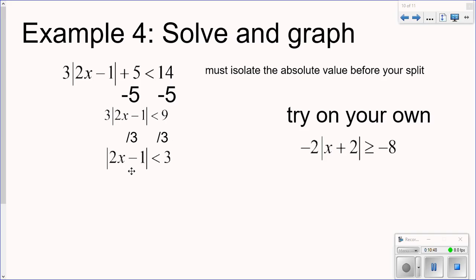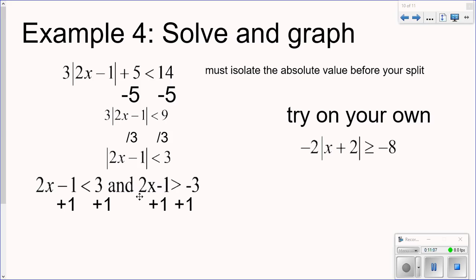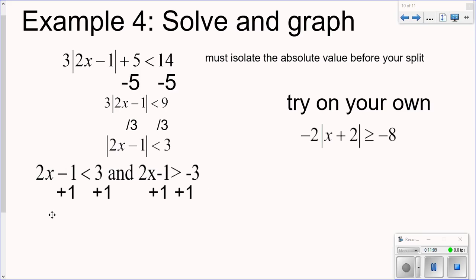Now that the absolute value is by itself, I can go ahead and split it. So we have 2x minus 1 is just going to be less than 3. And it's less than, so it's going to be an and statement. And then the other one will be 2x minus 1 is greater than negative 3. Okay? So I can go ahead and solve for x just by adding 1 to all sides, really.